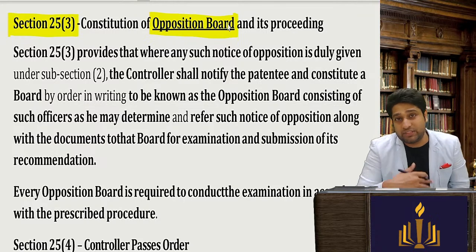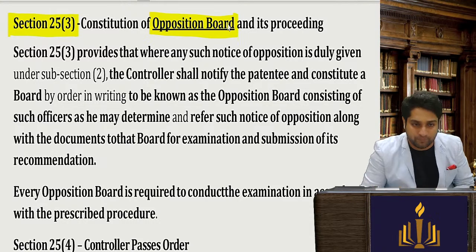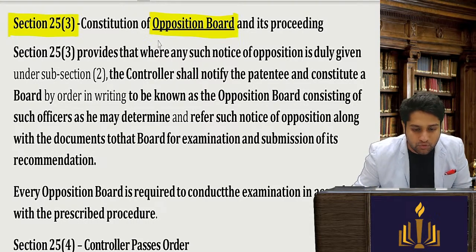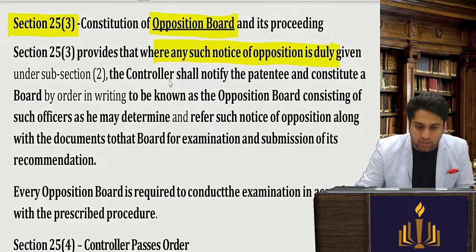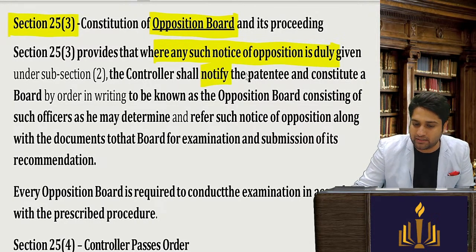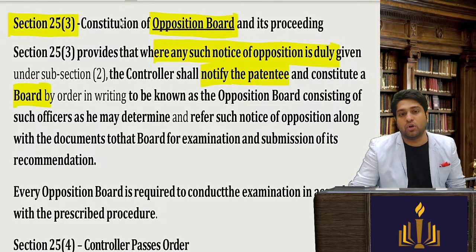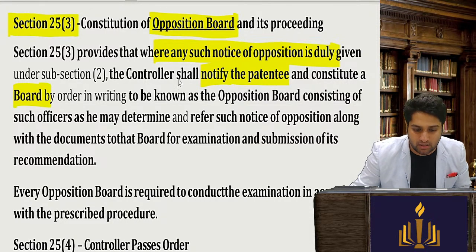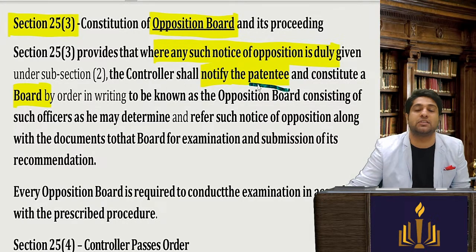So whenever there is an objection under section 25 subsection 1 and 2, where any such notice is duly given under subsection 2, the controller shall notify the patentee and constitute a board. So in subsection 2, when this is there, the controller shall notify the patentee. So we will have to tell the patentee, listen, your patented invention has been objected.